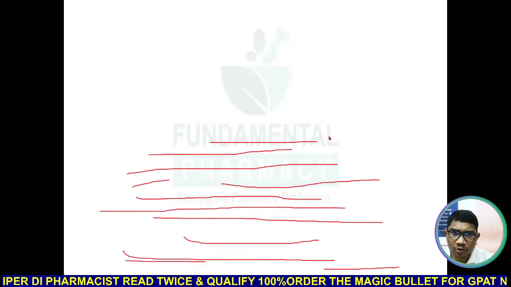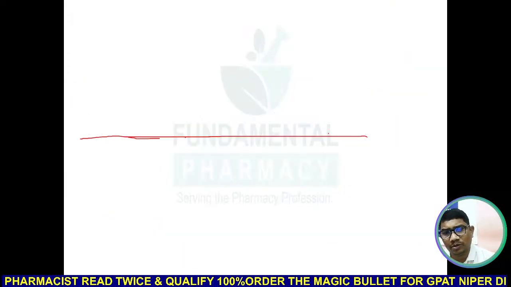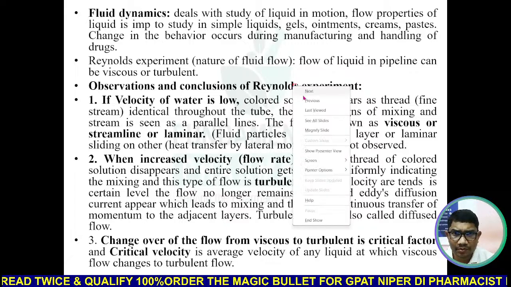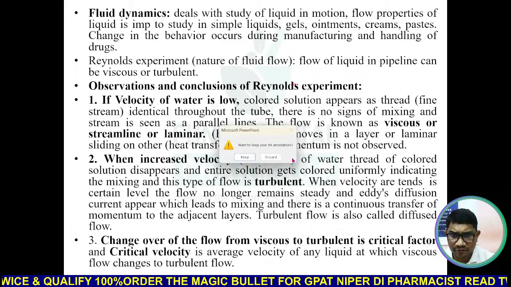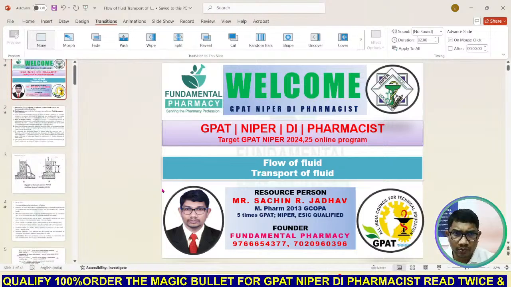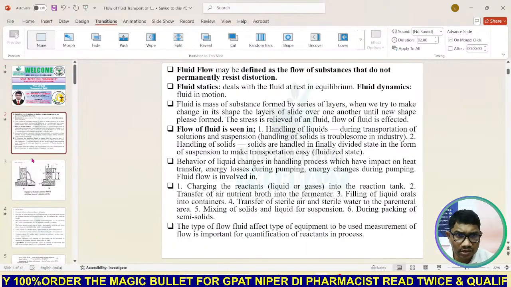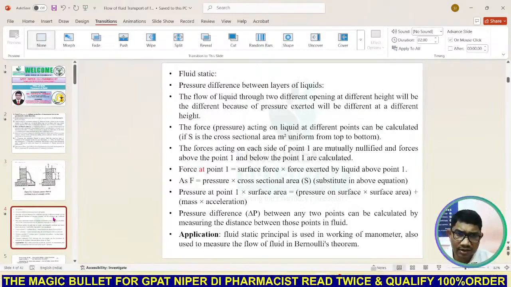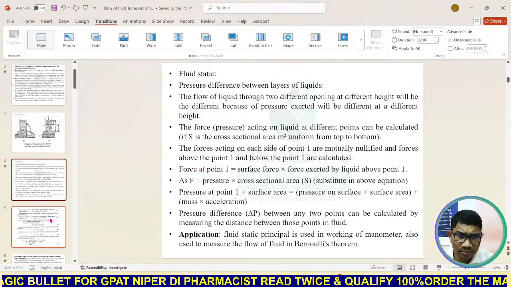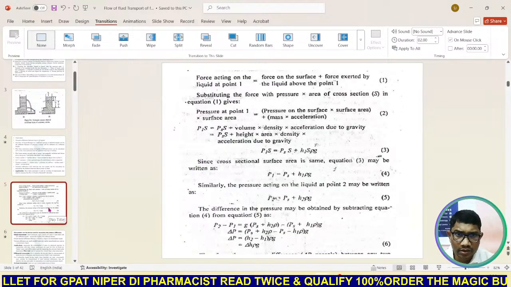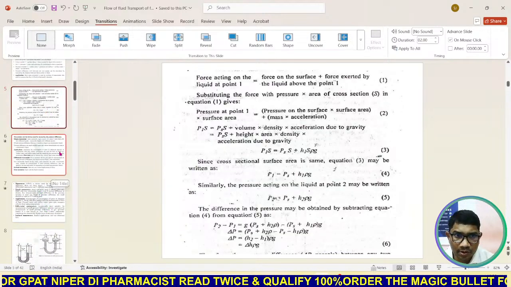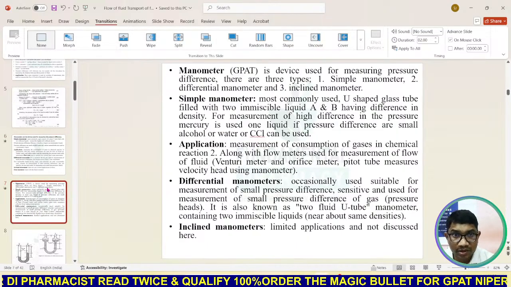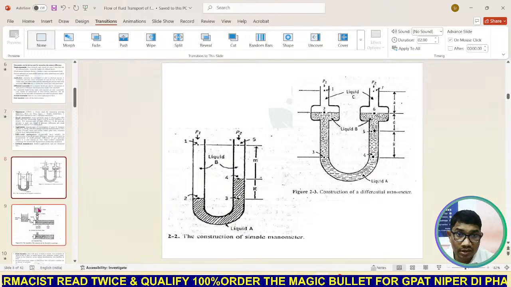We have already seen flow of fluid. पूरा चैप्टर लास्ट टाइम तो मैंने एक ही में लिया, ये 2-3 पार्ट में लिया है, तो अभी तीसरा पार्ट भी फिनिश हो गया आपका. What we have seen in this chapter: fluid flow, fluid statics, fluid dynamics, right? From the book, we have seen the Reynolds experiment, the Bernoulli's theorem, the energy losses, different types of manometer, right?